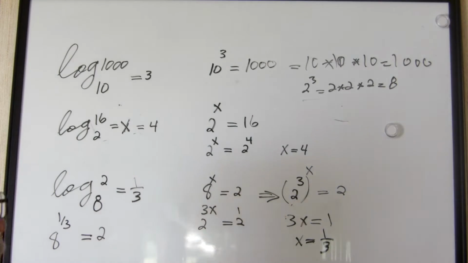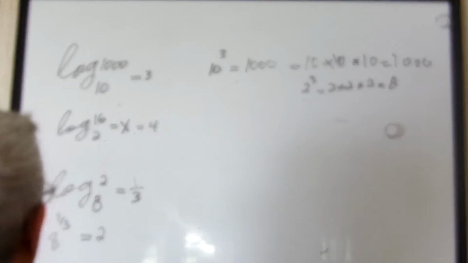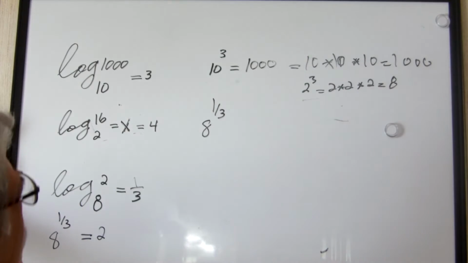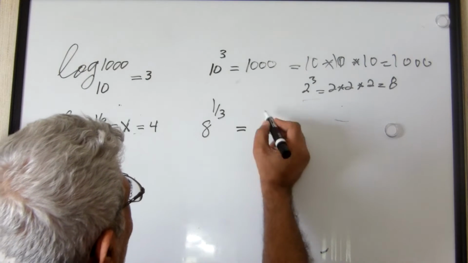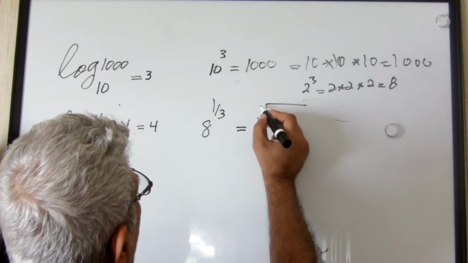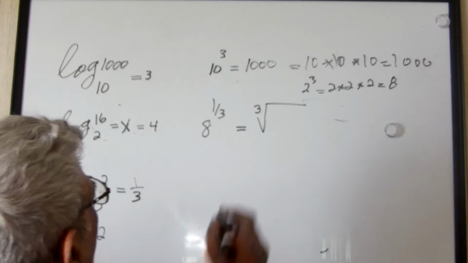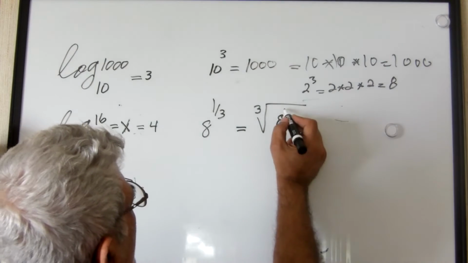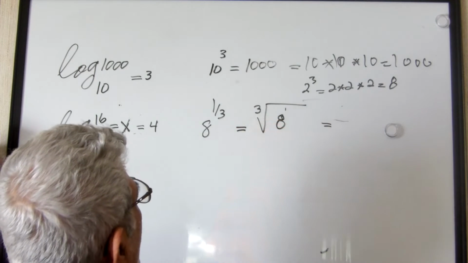Okay, let me mention something here. As we talked about earlier, when the exponent is a fraction, 8 to the power of 1/3 is exactly equal to the cube root of 8. We can write it this way.